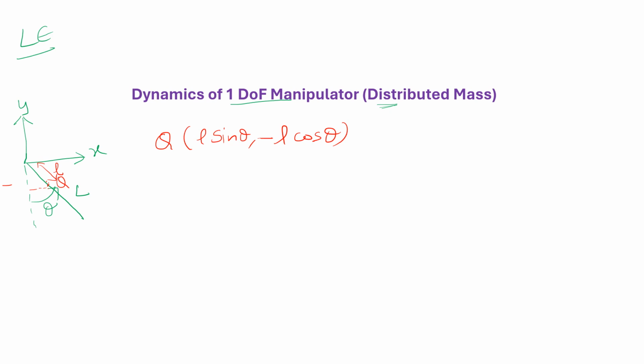If this is the position, then the velocity will be l cos theta theta dot, comma, l sin theta theta dot.